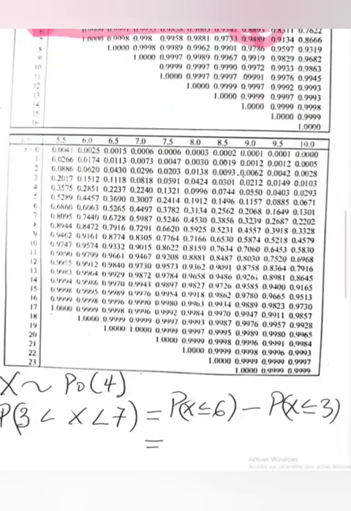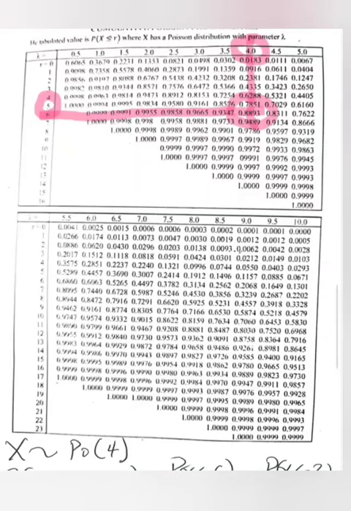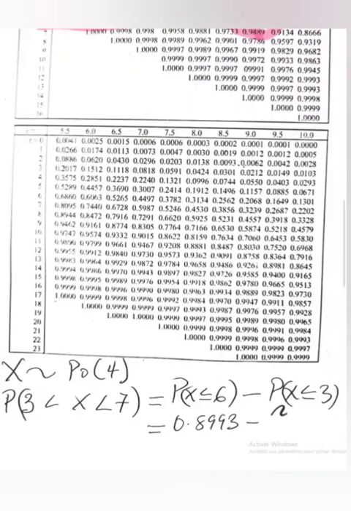So I put 0.8893 minus the cumulative of 3. Go from 3 horizontally to where there is the intersection of the mean 4, which corresponds to 0.4335. So 0.8893 minus 0.4335 giving 0.4558 from tables.